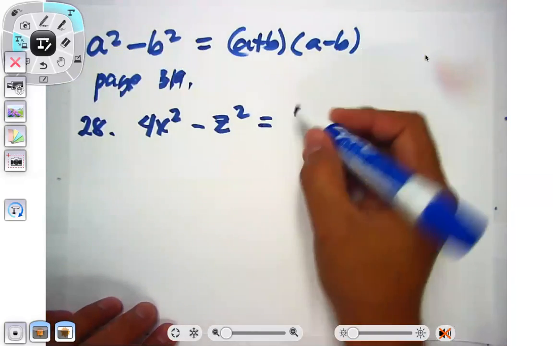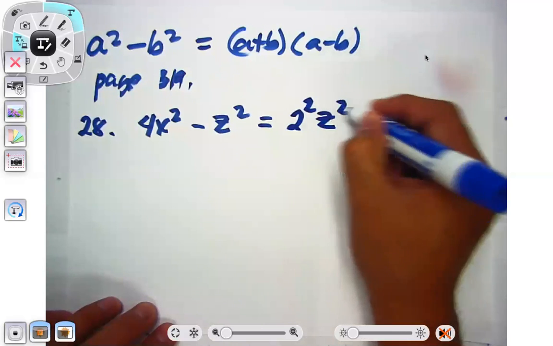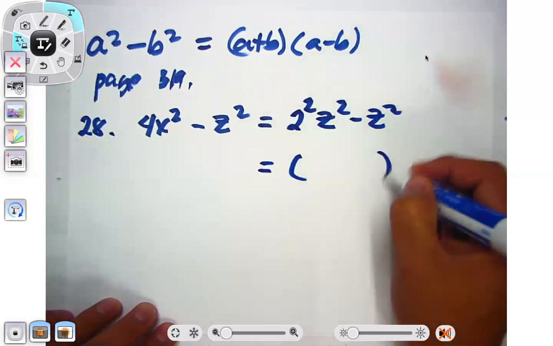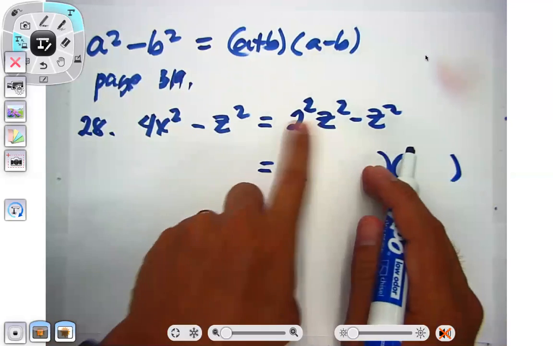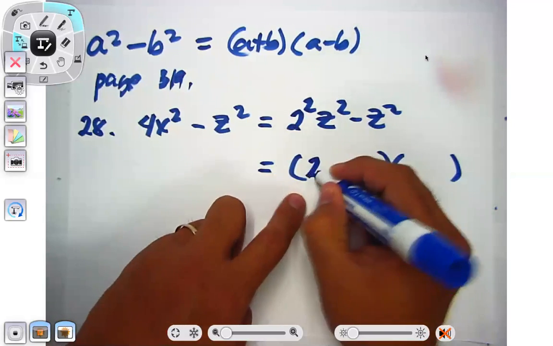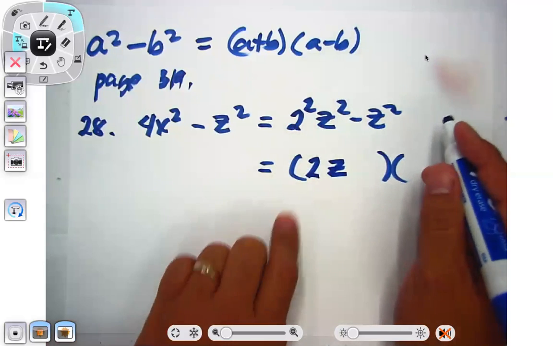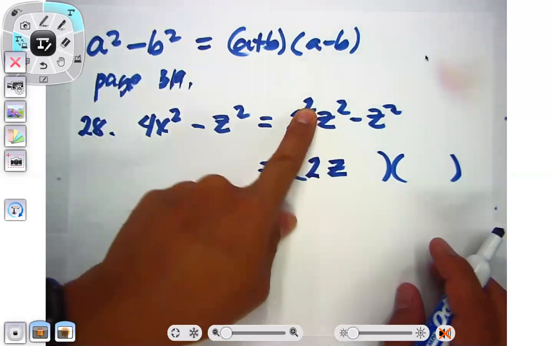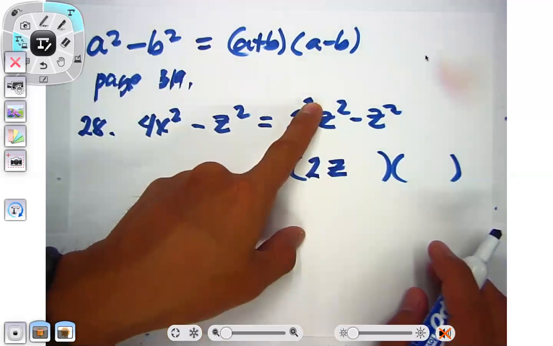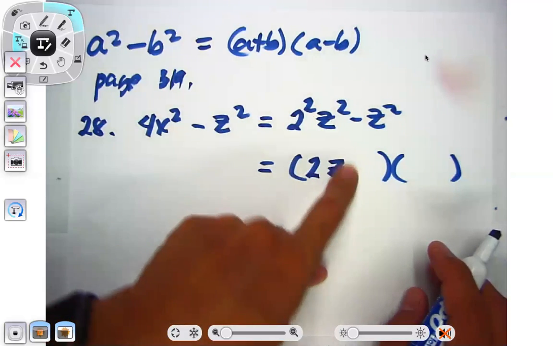All right, so we can rewrite this as 2 squared x squared minus z squared, and now we can write the factors. The square root of 2 squared x squared is 2x. How do we do that? We simply divide the exponents by 2.